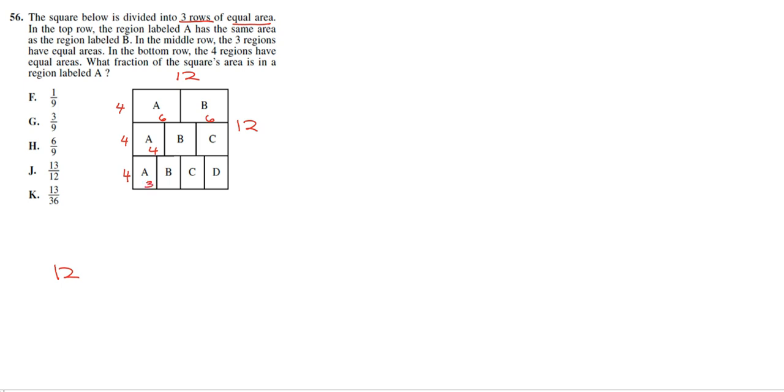So let's look for the area of A. Let's call this A1, A2, A3. The area of A1 is going to be 6 times 4, which is 24. Let's look at the area of A2.